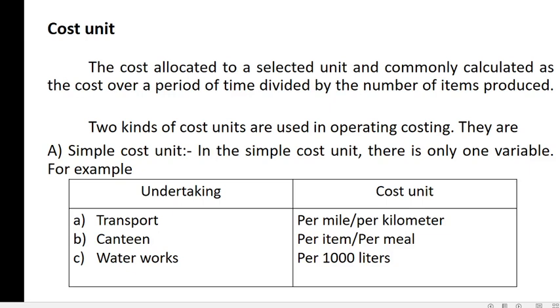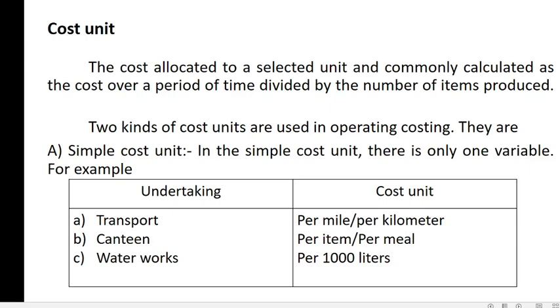The cost units are determined with reference to nature of work and the purpose for which cost has to be computed. In operating costing, there are two kinds of cost units. They are simple cost unit and composite cost unit. In simple cost unit, there is only one variable.